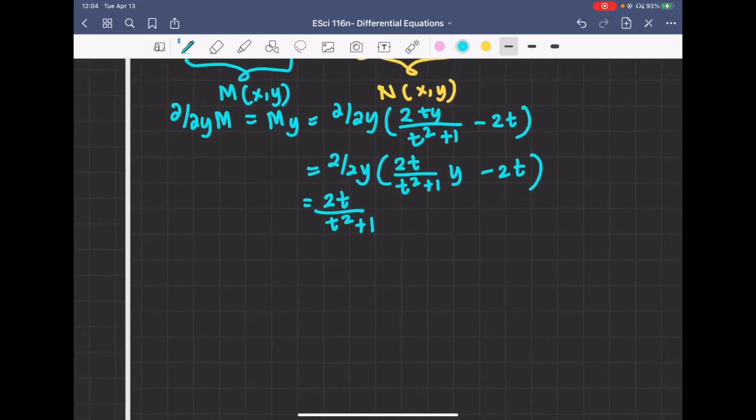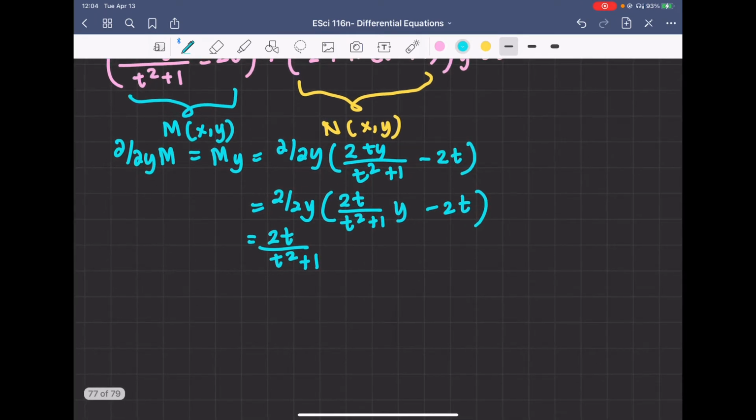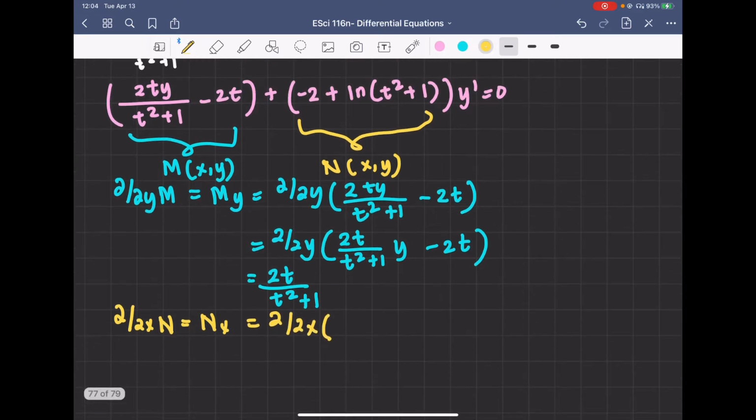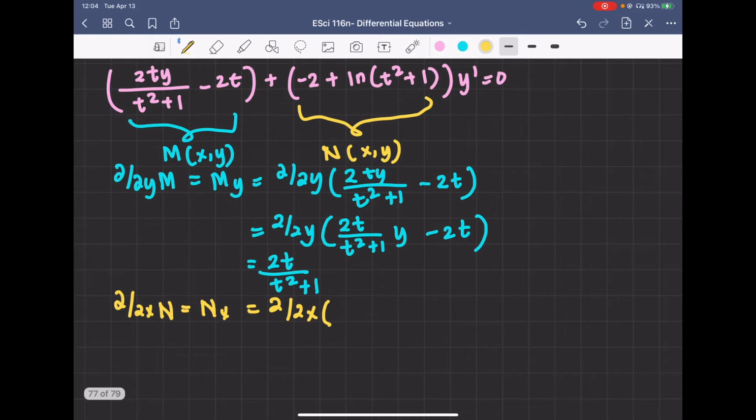Now to get our value for the partial derivative of N with respect to t, or N sub t, that is the partial derivative of negative 2 plus ln of t squared plus 1.